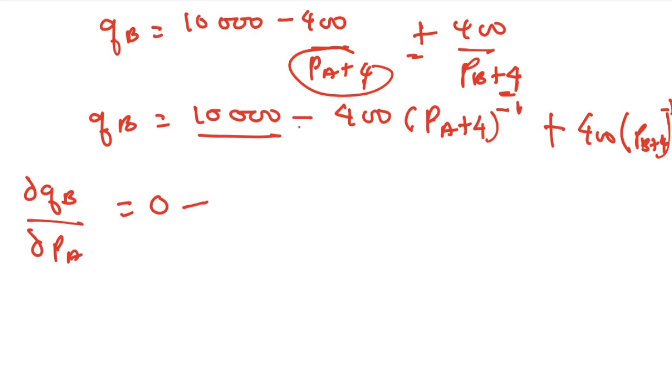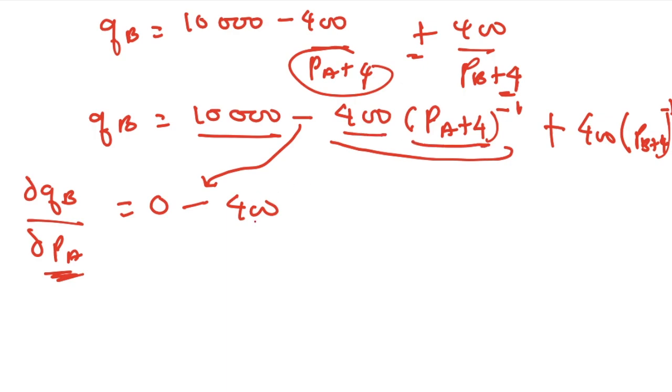Minus, because minus here. Now, you see the second term here after the minus sign. Do you see PA? Because we want to differentiate it with respect to PA, yes, you see. Then you should differentiate. 400 stays the same because it's a constant multiplied by this term. Rewrite again the one in the bracket, PA plus 4, but this time around, you see this?